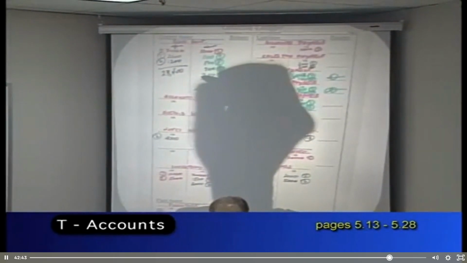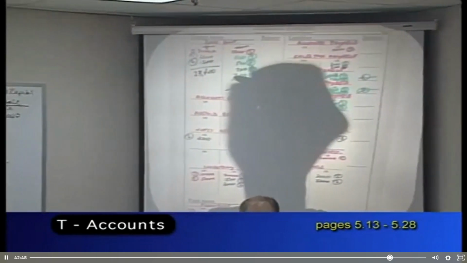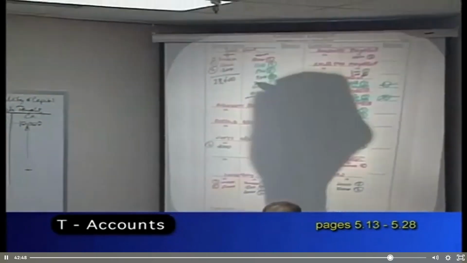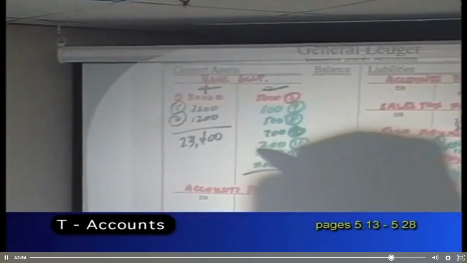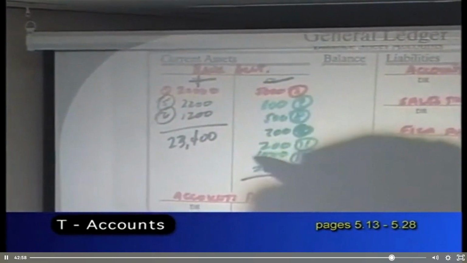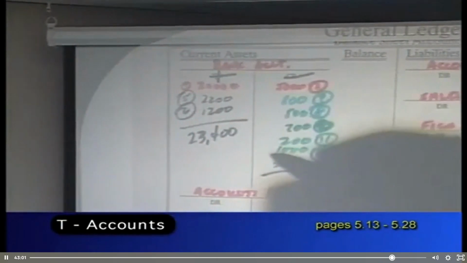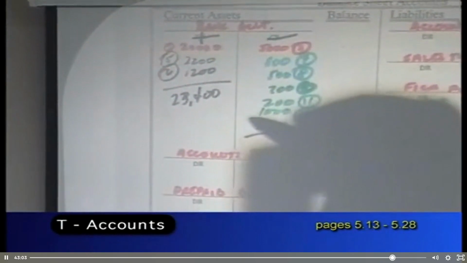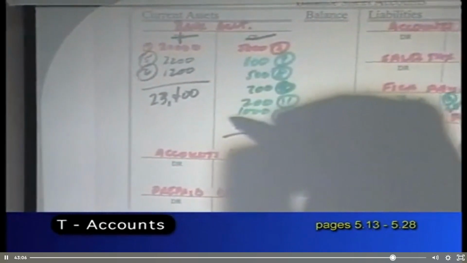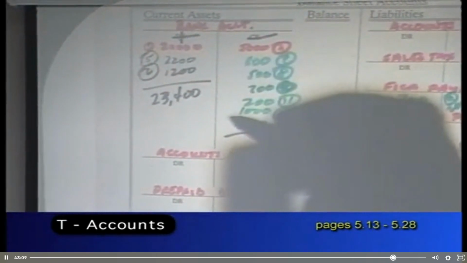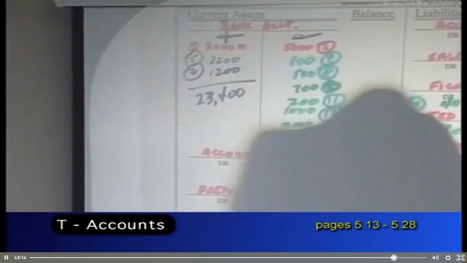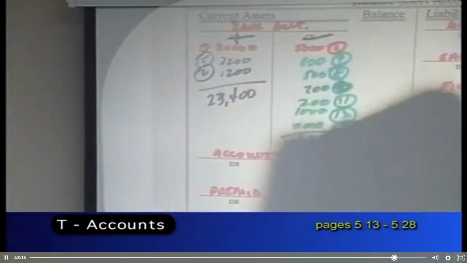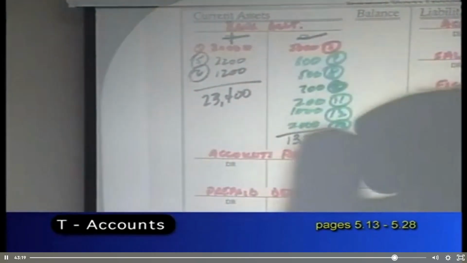Someone could do that math for me. $13,200. Okay. So now we take the $23,400 and subtract $13,200, and what's our balance in that account?